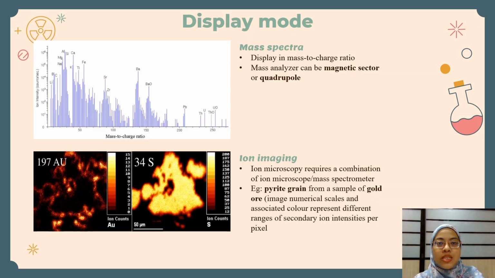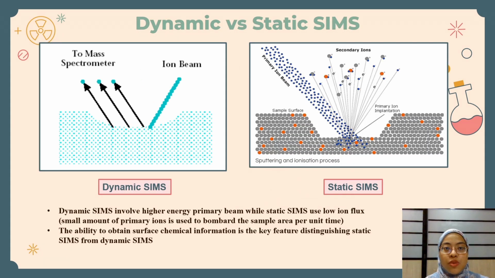Mass spectra sample the secondary ions in a preselected mass range by continuously monitoring the ion signal while scanning a range of mass to charge ratio values. The mass analyzer can be either a magnetic sector or quadrupole. Ion imaging shows secondary ion intensity per pixel as a function of location on the sample surface. Dynamic SIMS mode investigates bulk composition and in-depth distribution of trace elements, with a depth resolution from sub-nanometer to tens of nanometers.